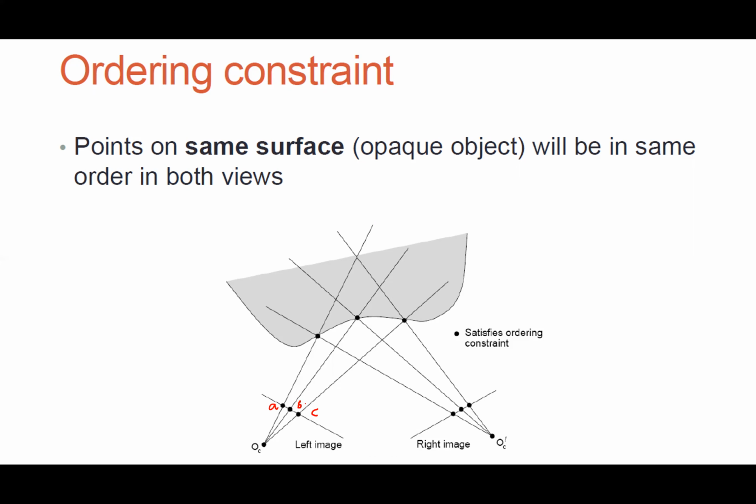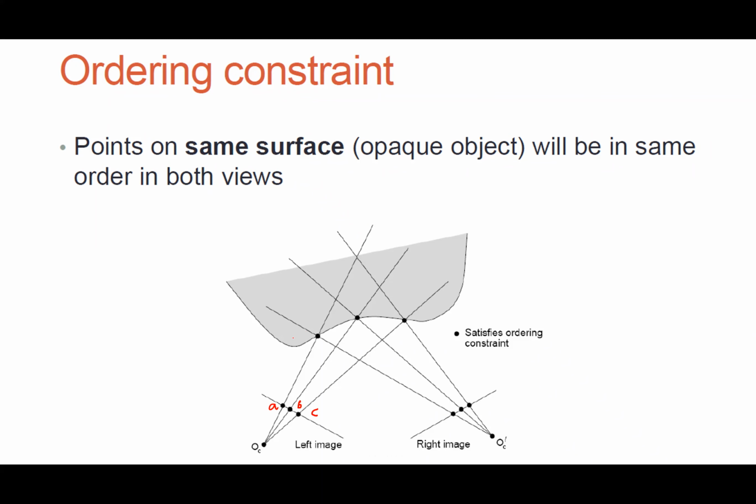The order could change, for example, when there is an object which lets the light pass through. So for example, you look at this point A; if it lets the light pass through in some regions, then it would be a problem.